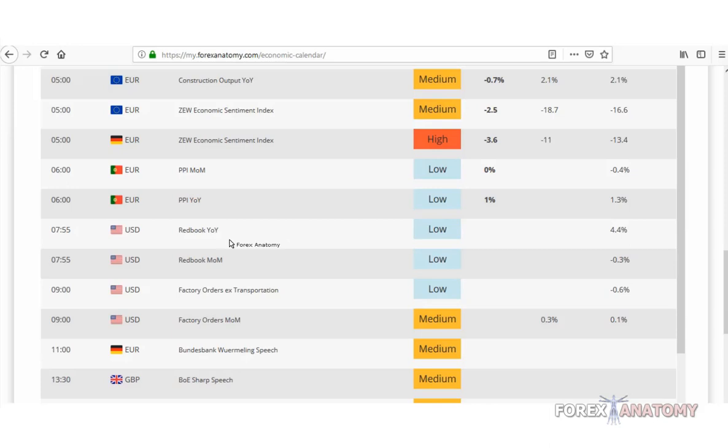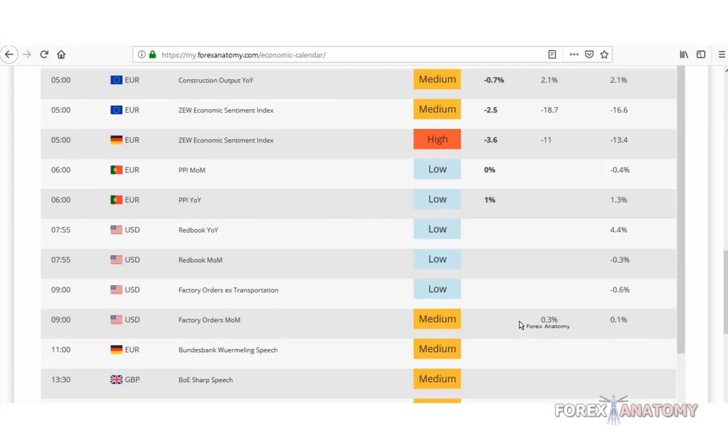Yeah, but there's not much on the economic docket for the US dollar other than the Red Book year over year data, which really has a low priority, but also factory orders excluding transportation, which should be coming out. We do have factory orders, the month-to-month figure coming out, and we're expected to see it improve by 0.3%, which would be better than the previous month's reading.